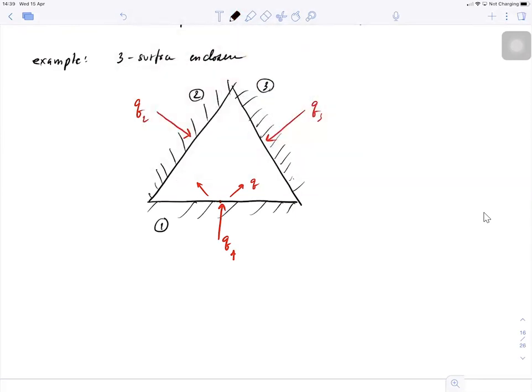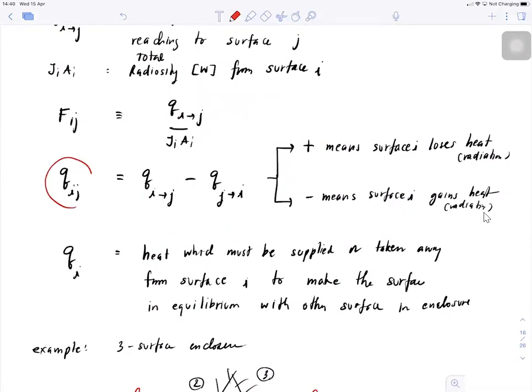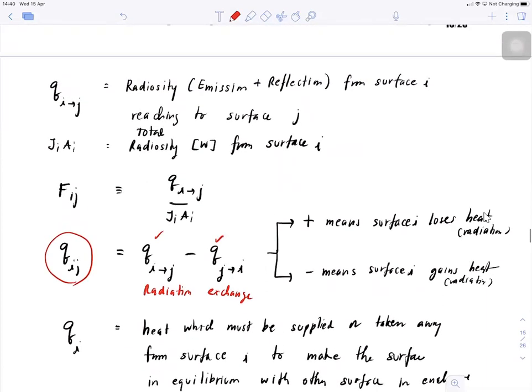Black first, and then red one. This is Q12, and this is going to be Q13. Okay, because Q_ij is the exchange. We call this one radiation exchange. It is a summation of Q_i to j and subtract with the Q_j to i.